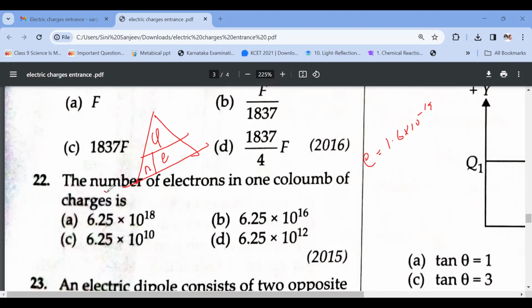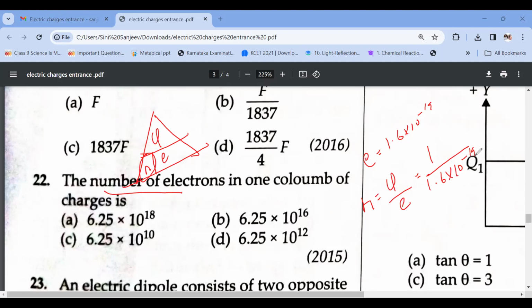So I have to find the number of electrons, I have to find N. N is equal to Q by E. 1 coulomb, Q is 1. This is 1.6 into 10 power minus 19.